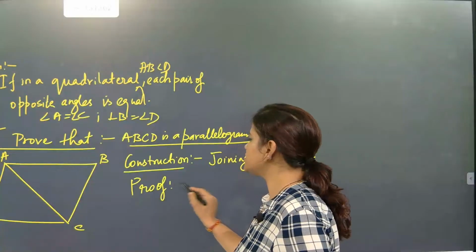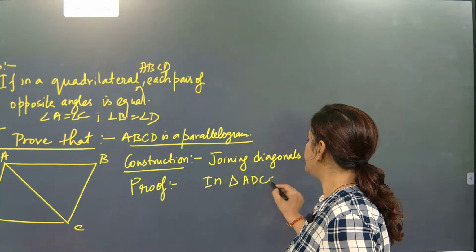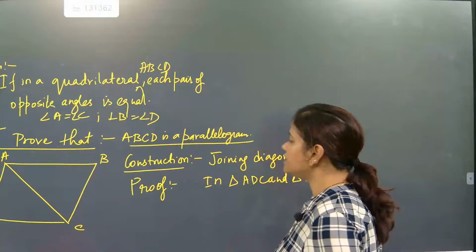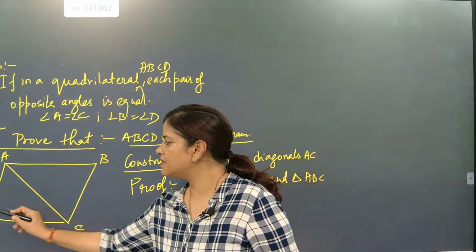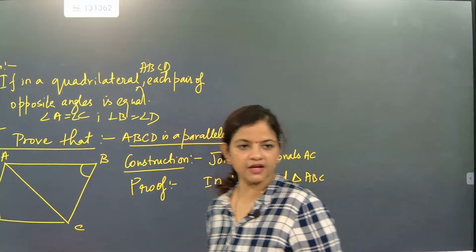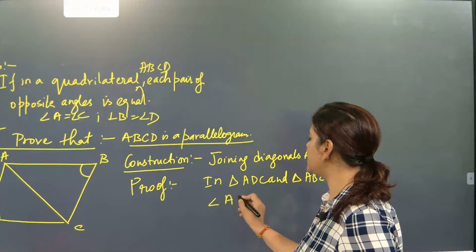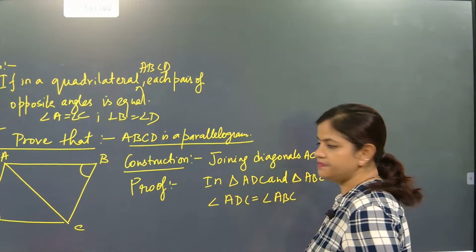In the proof section, we will take triangle ADC and triangle ABC. In these two triangles, what is already given? This angle is equal to this angle. Opposite angles are equal, given. So angle ADC is equal to angle ABC. This is given.